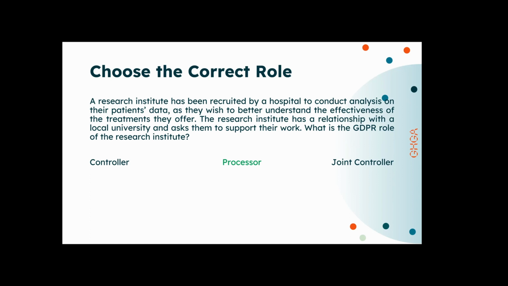There could be a scenario whereby it's done more collaboratively, and the research institute is actually helping them design the research project. But the way it's set out here is more to be a processor, and then the relationship with the local university would be a processor to processor relationship.